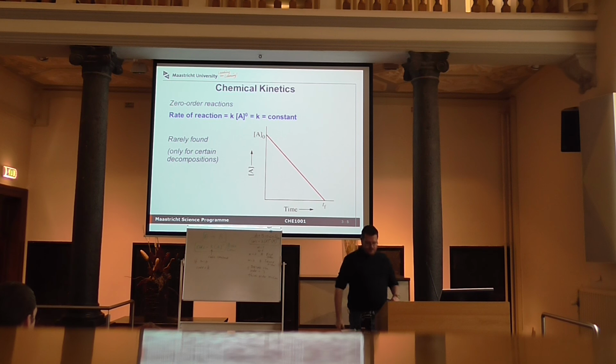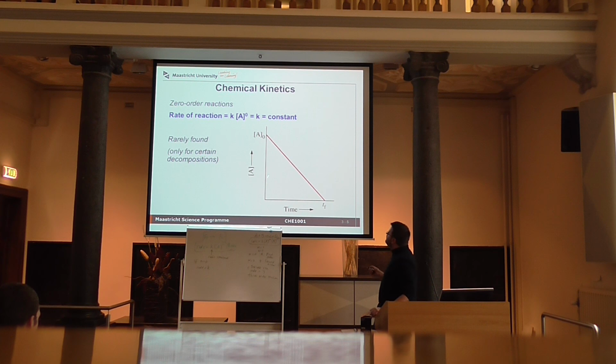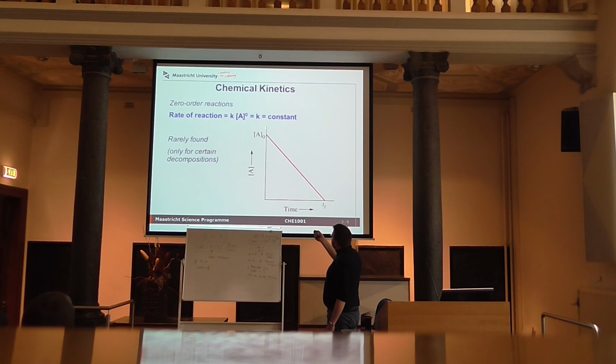Now think about it. If you plot that reaction, and it just depends on K, you're going to end up with a graph that looks like this. In other words, a straight line with a negative slope. If you plot the change in the concentration to the change in time, you get K in this case. So what does that mean?